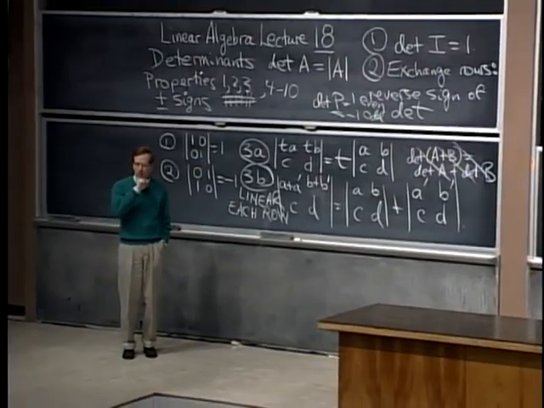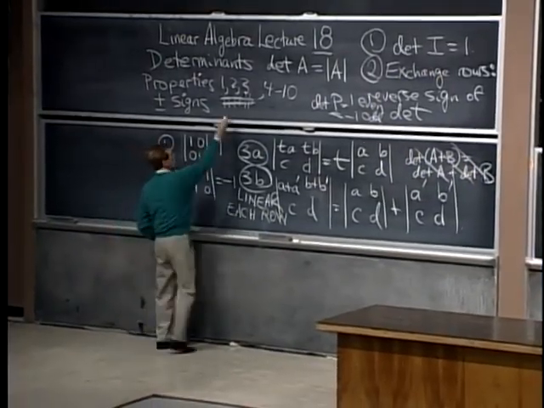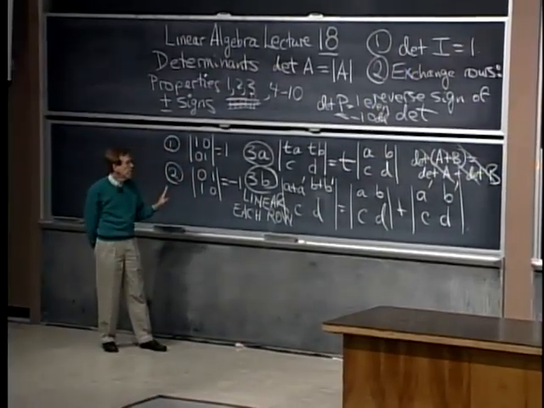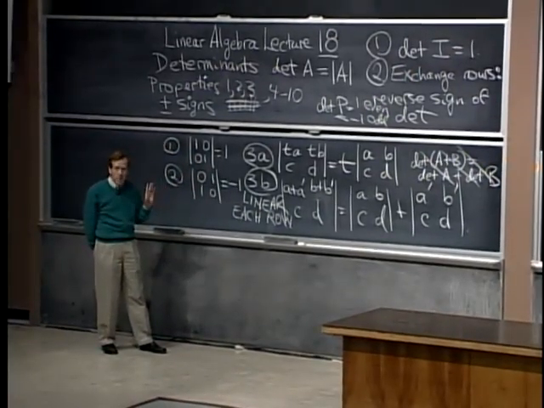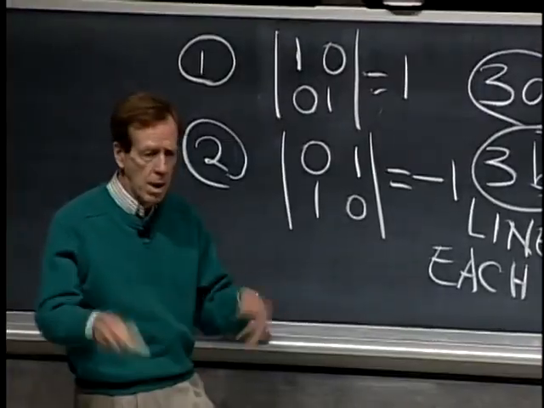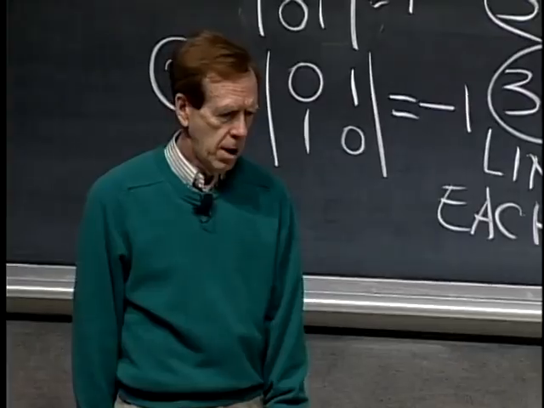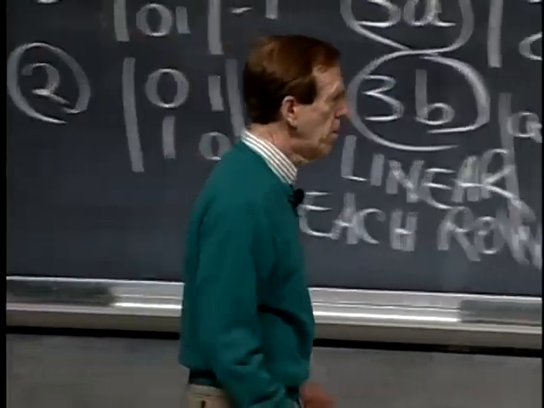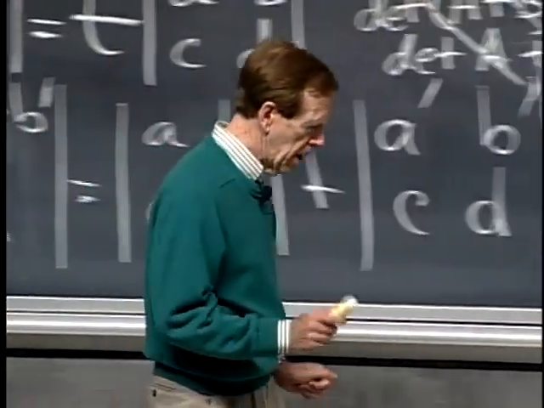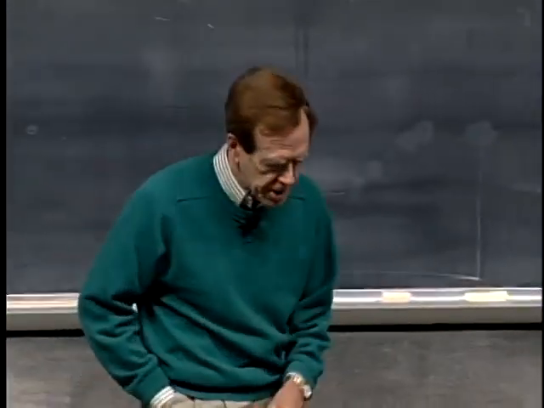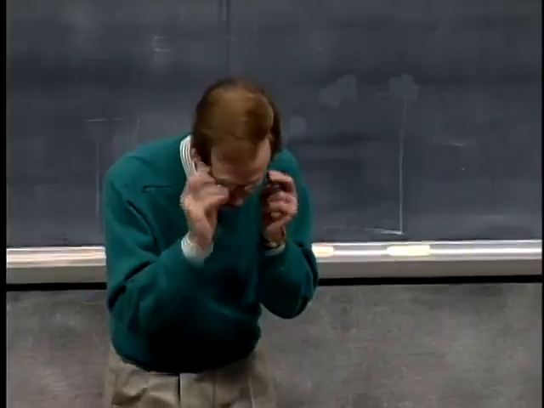And from those properties, so that's properties 1, 2, 3, I want to learn a lot more about the determinant. Let me take an example. What would I like to learn? Here's a property 4. Let me use the same numbering as here.